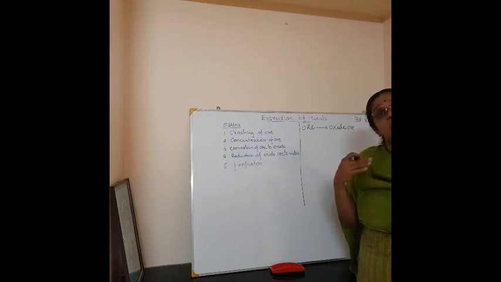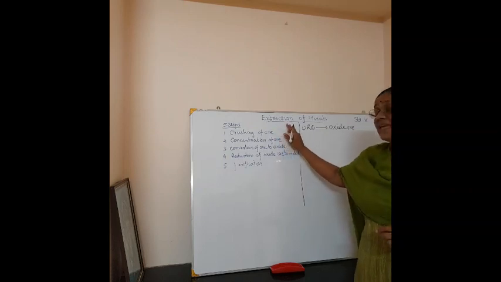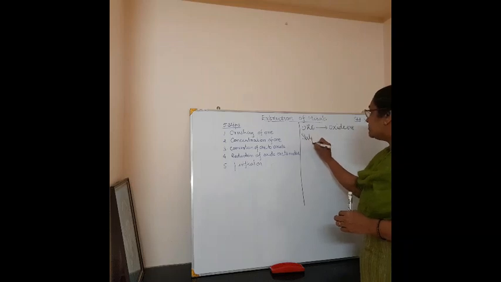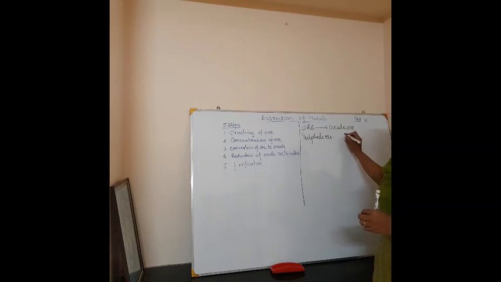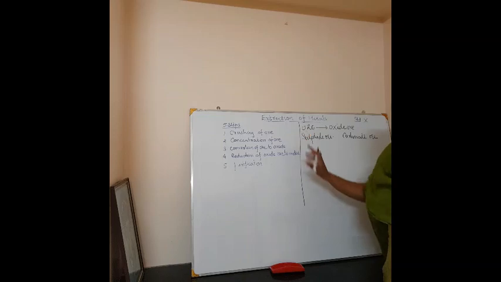But if it is not an oxide ore, there are normally two kinds of ores: one is sulfide ore and the second is carbonate ore. These are the two types of ores which you generally come across in the extraction of metals.